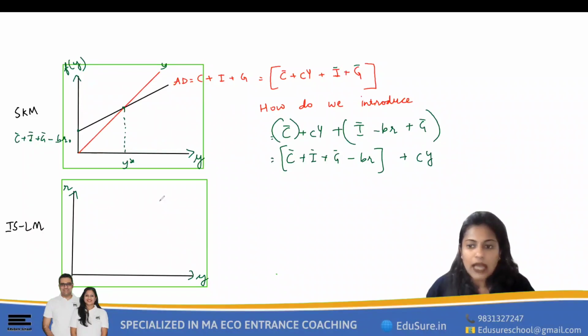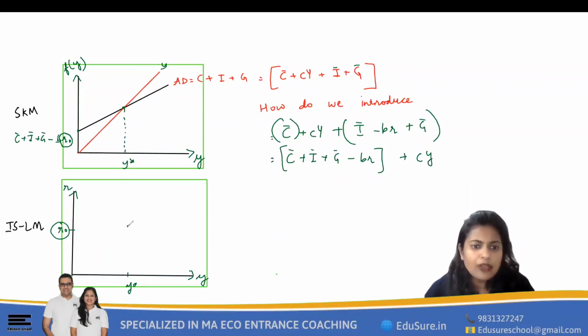I'm going to mark R naught, the initial market rate of interest, which corresponded to this Y star.